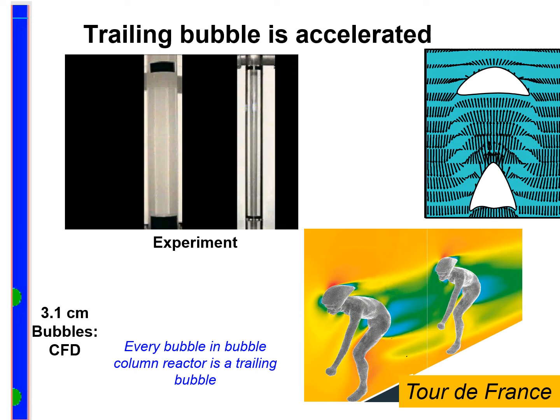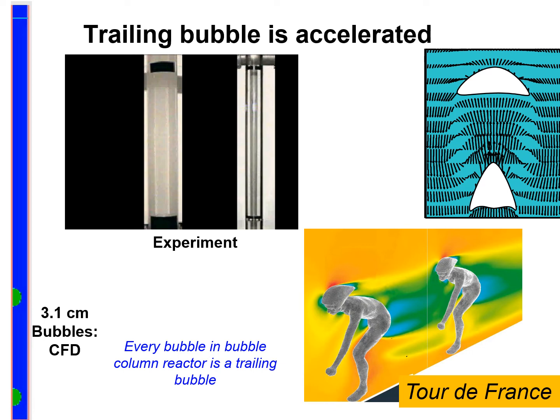Let's perform another computational experiment in which two bubbles, each of 3.1 centimeter diameter, are placed in a column filled with water, and the column diameter is 5 centimeters. The CFD simulations are carried out assuming axial symmetry, and you see only one half of the column being displayed.